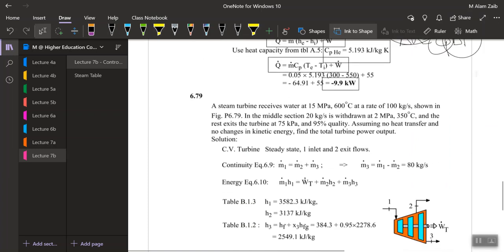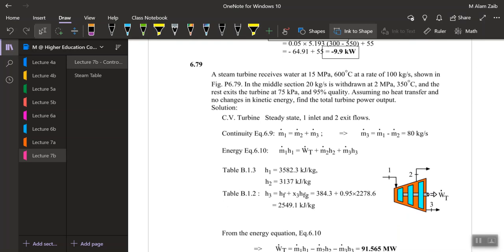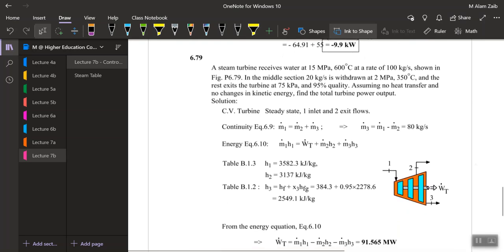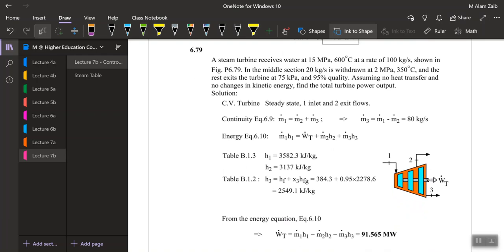So question 6.79: a steam turbine receives water at 15 megapascal, 600 degrees centigrade, at a rate of 100 kg per second, as shown in this figure.